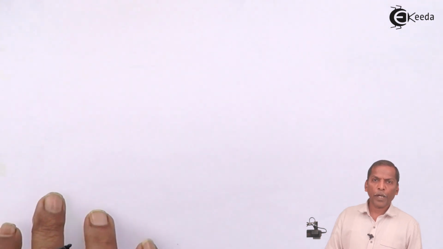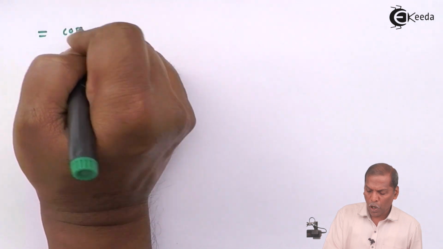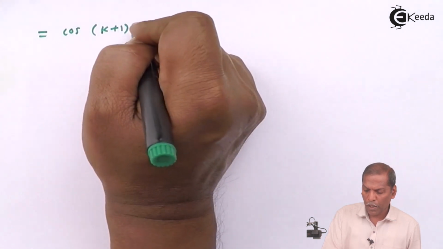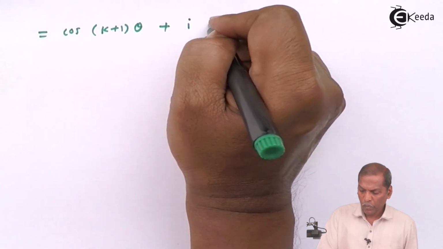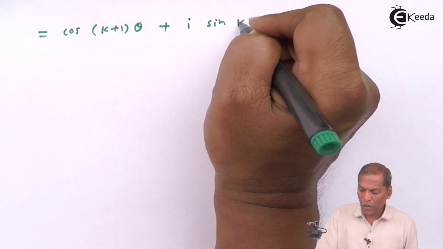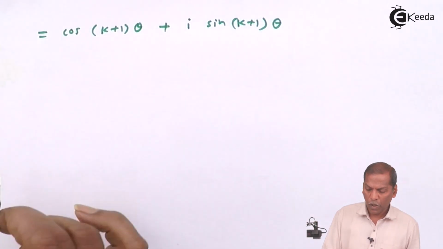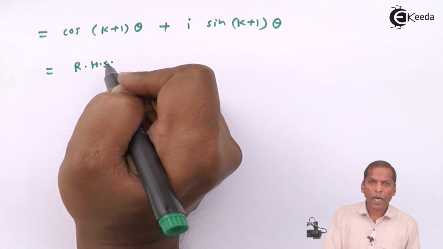Now here we take theta common from each bracket. So we have cos of (k plus 1) into theta plus i sin of (k plus 1) into theta, and that is nothing but the right hand side.